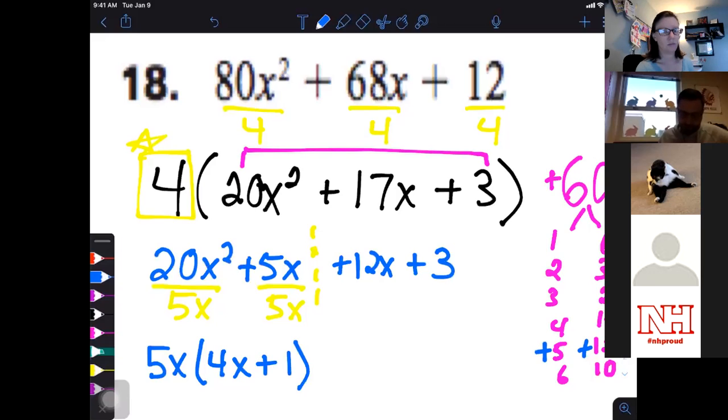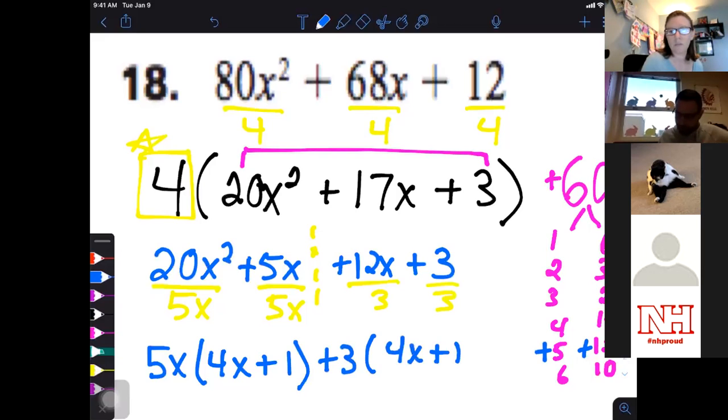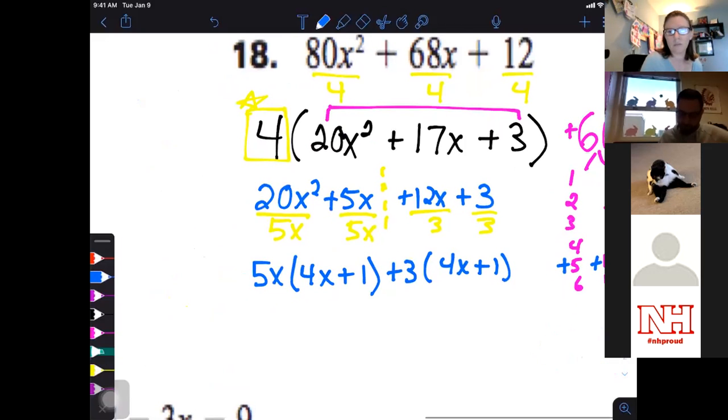And then Jason, what's the GCF of 12x plus 3? 3. Yeah, positive 3. So you'll end up with 4x plus 1. The parentheses match. So that's good. So we can rewrite 5x plus 3 in parentheses, and then we could group it with the 4x plus 1.